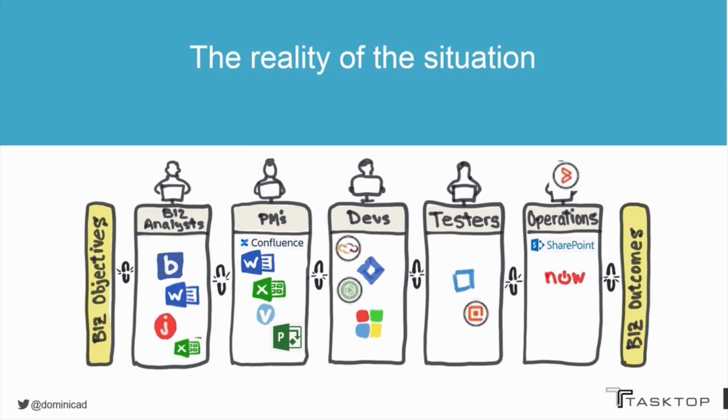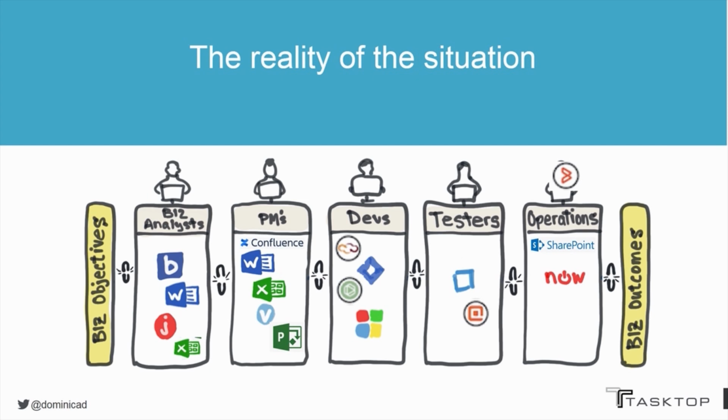And if they're not integrated, then people have different views of the world. If I'm in quality management, my view of the world might be Quality Center. If I'm in service management, my view of the world is probably something like ServiceNow. If I'm working in portfolio management, my view of the world might be something like PlanView. And if I'm a developer, my view of the world might be something like Jira or TFS.